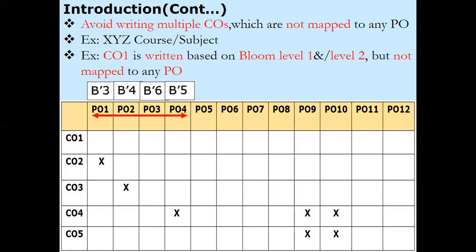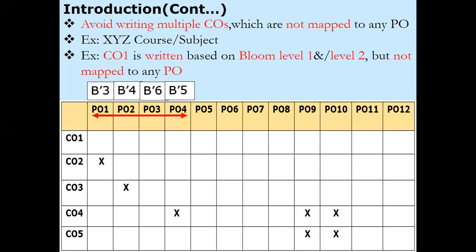Now, avoid writing multiple course outcomes which are not mapped to any program outcomes. For example, there is a subject called XYZ; I'm taking this as an example. Here CO1 is written based on Bloom's level 1 and level 2, but it is not mapped to any PO directly.